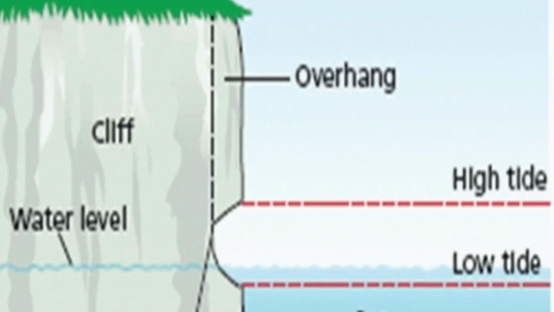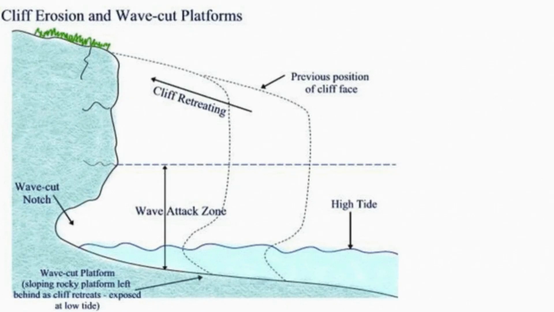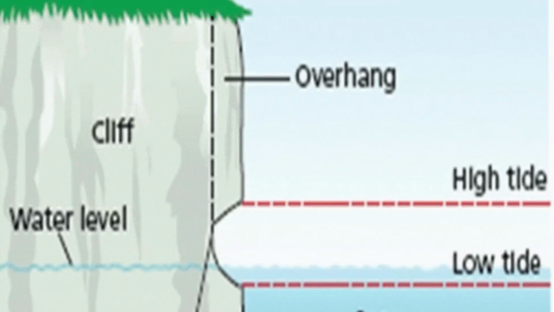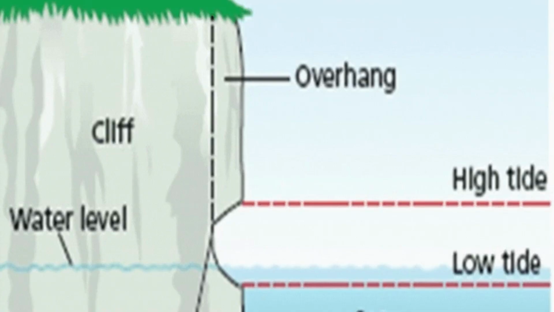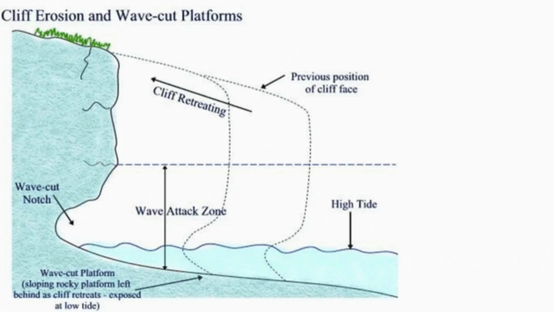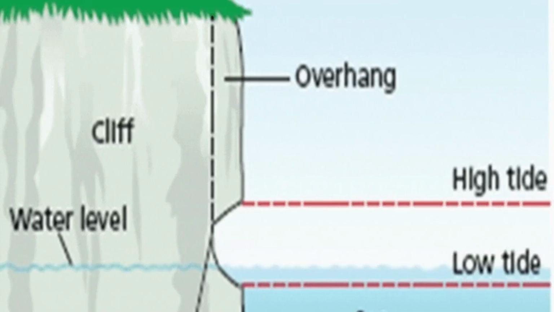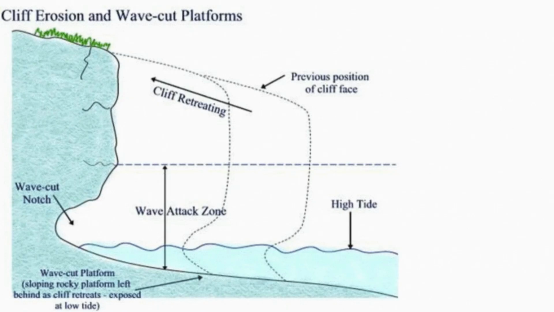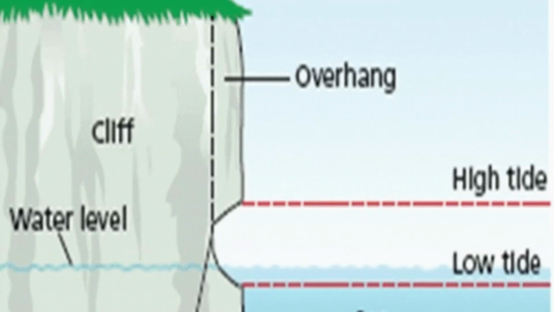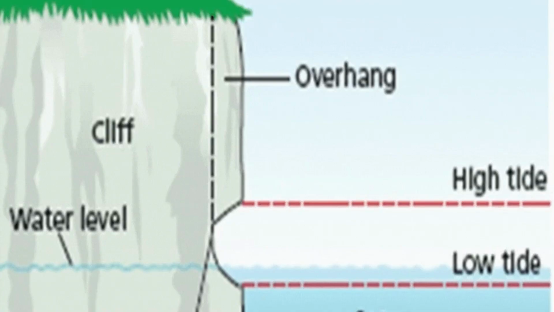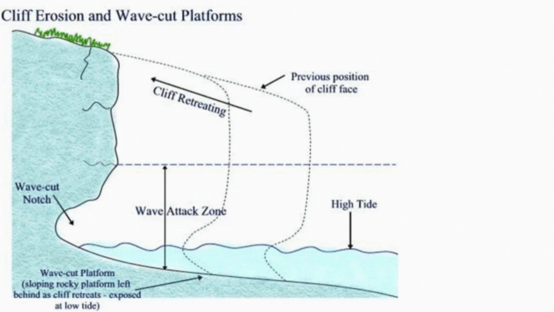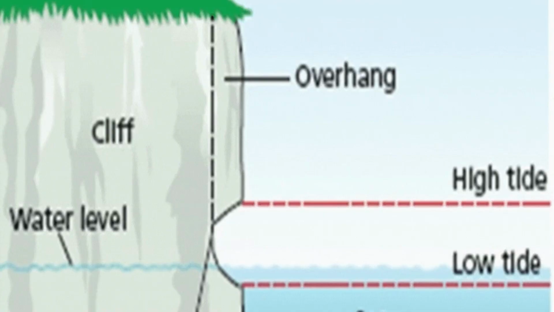And because the overhang is not supported from below, it will collapse. This will steepen the highland to create a cliff. And the base of the cliff, which is left below the low water mark or the low tide level, is what will create the wave-cut platform.